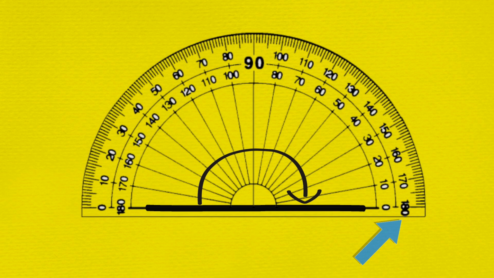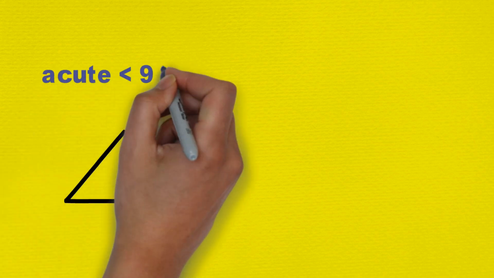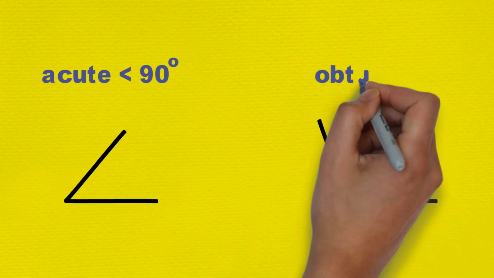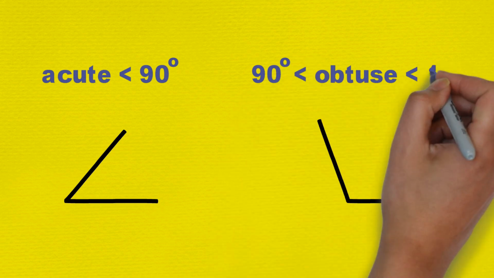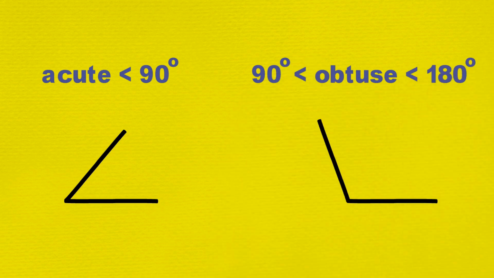Let's measure a couple more angles. This is an acute angle, so it must be less than 90 degrees. And this one is an obtuse angle, so it must be between 90 and 180 degrees. Let's use the protractor to check.